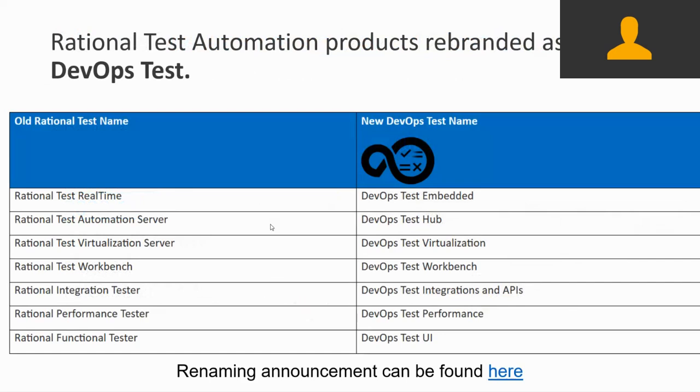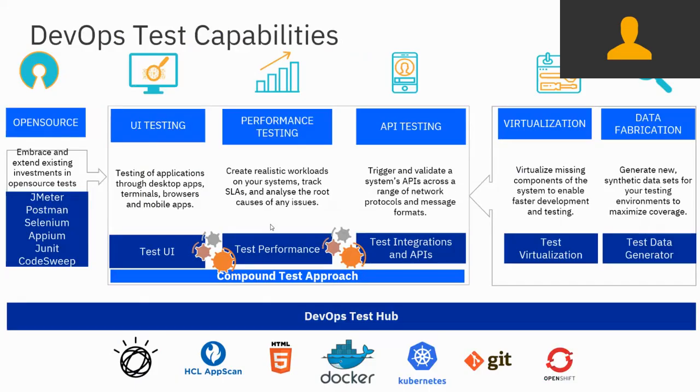It's just a detail, but it shows that the naming convention has been implemented even into the directory name of the product when you install, and all the names have been changed on the user interface. So I put the renaming announcement link here in case you get lost and you're looking for an old Rational product and you want to find what is the new name. You can find it here. So that's all for now for this.